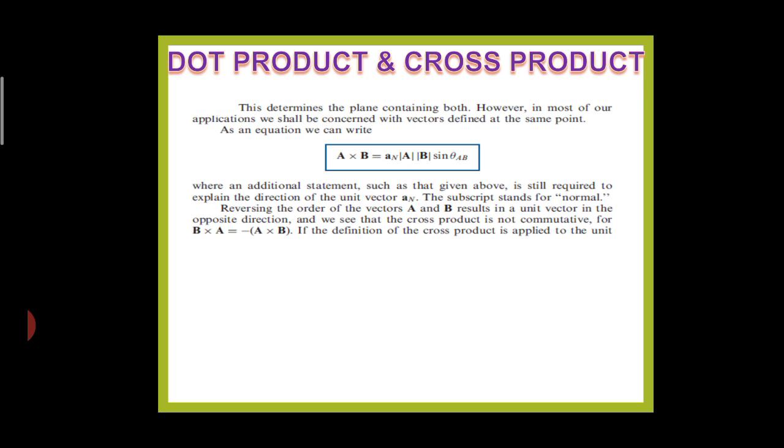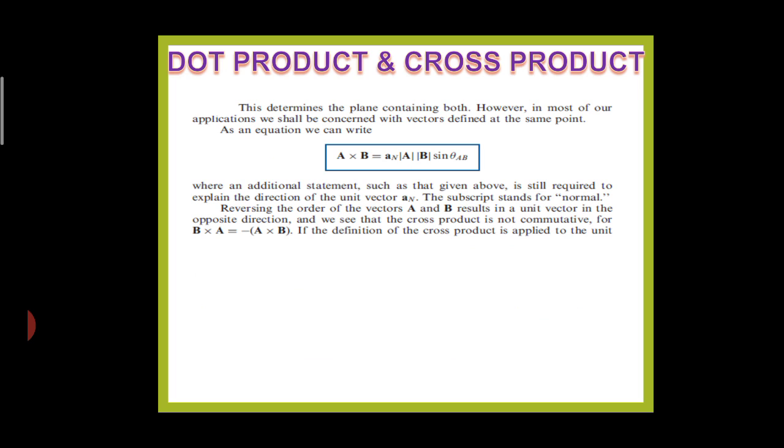The subscript stands for normal. Reversing the order of vectors A and B results in a unit vector in the opposite direction, and we see that the cross product is not commutative, for B cross A equal to minus A cross B, if the definition of the cross product is applied to the unit vectors.